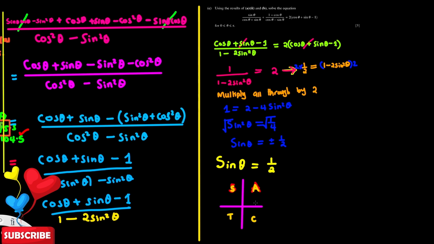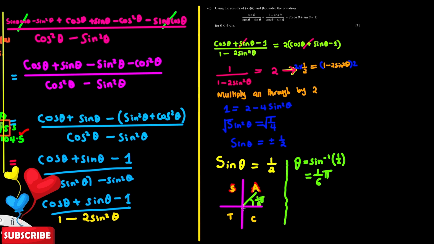So we are going to say theta is sine inverse of a half. Sine inverse of a half, this is going to be what? If we find the sine inverse of a half, can you try to use your calculator and see what we're getting? And also the angles here must be given in radians. So let's try to work it out and see. We're going to get our answer as 1 over 6 pi.